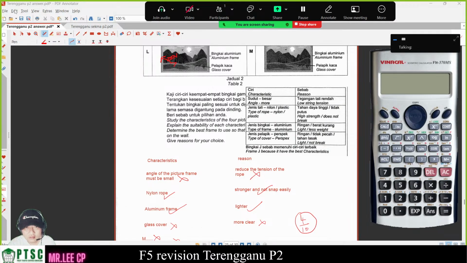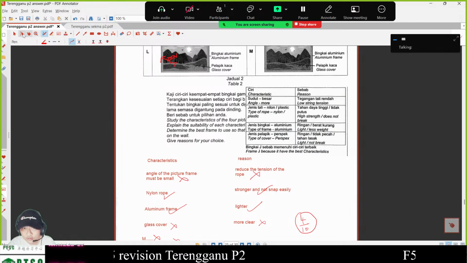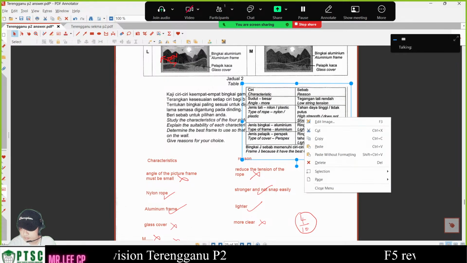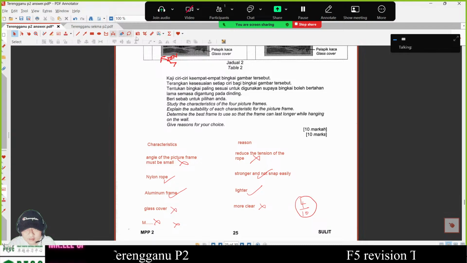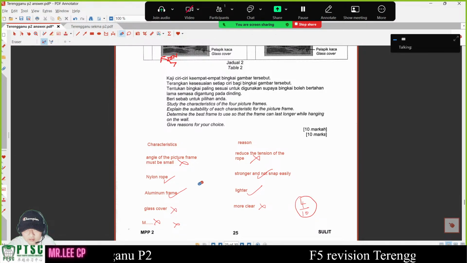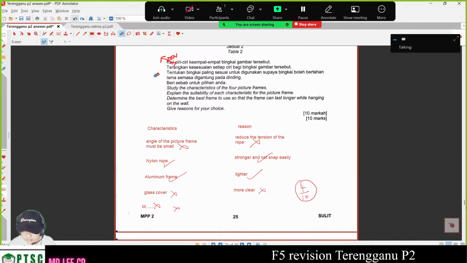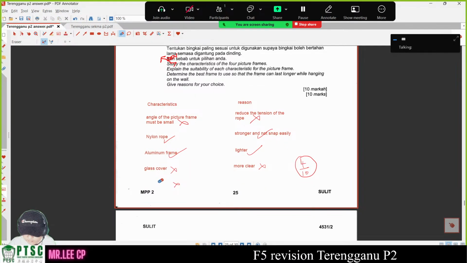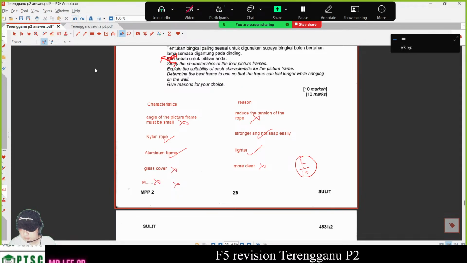So I am going to remove this one. I use my answer. This one cut. Don't want. Use my answer. Ayah. How? I cannot do that one.